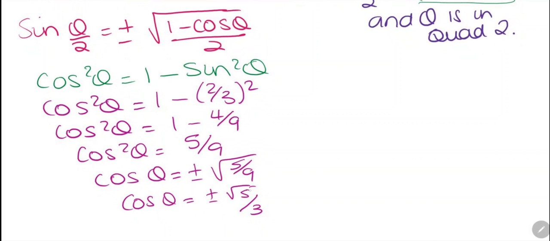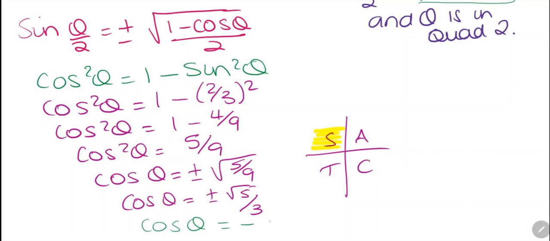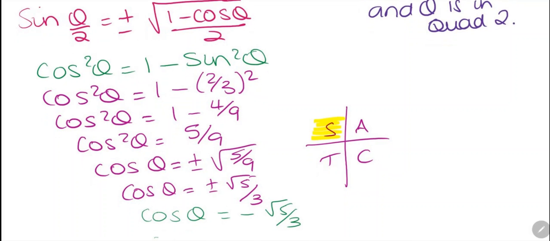If we look at our quadrants, we know it's in quadrant 2, and in quadrant 2 only sine is positive, so we know that our cosine of theta is actually negative, so it's going to be minus root 5 over 3.